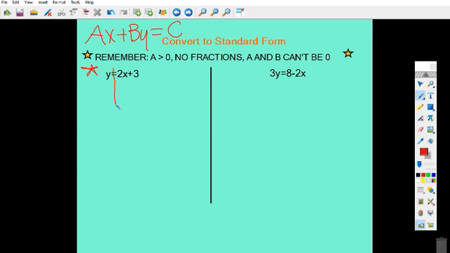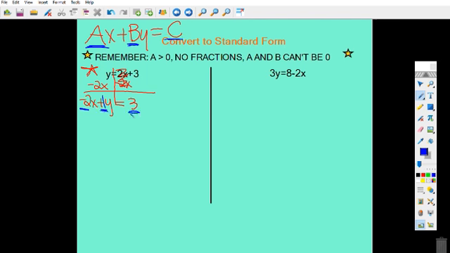I need to move it, so I'm going to subtract 2x from both sides. Those go away. We get -2x plus y equals 3. Is that in the correct form? It is, because I have A, my B would actually just be 1, and my C is 3.